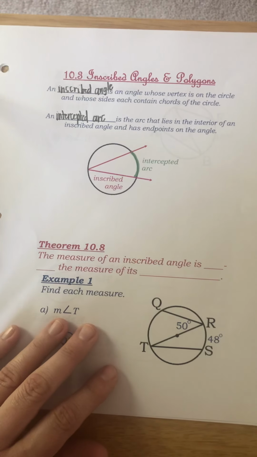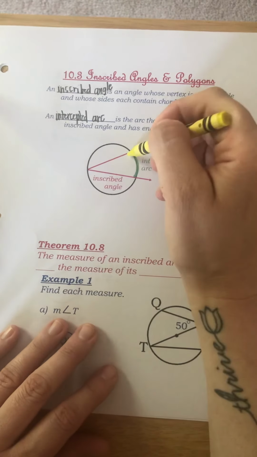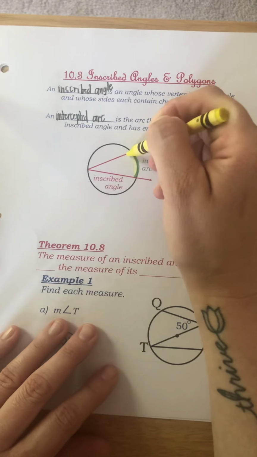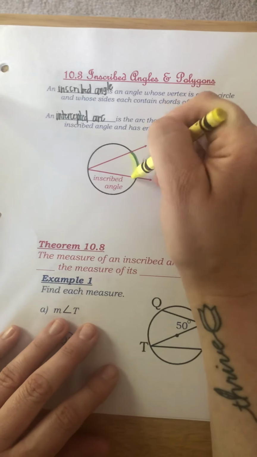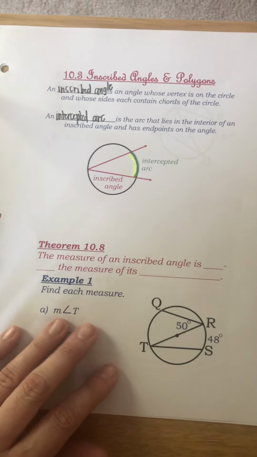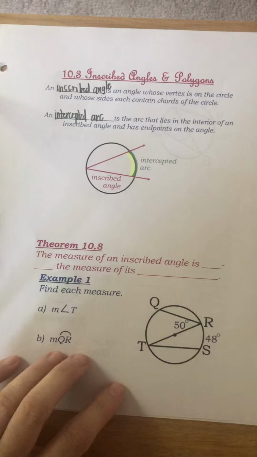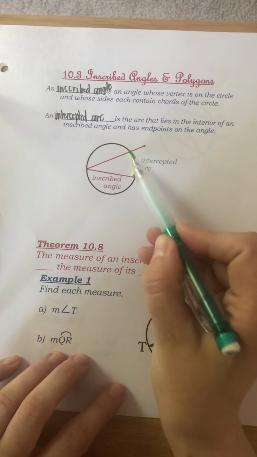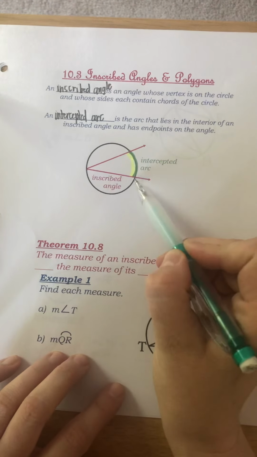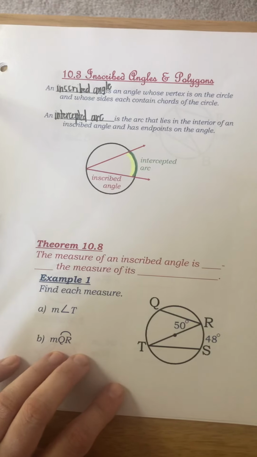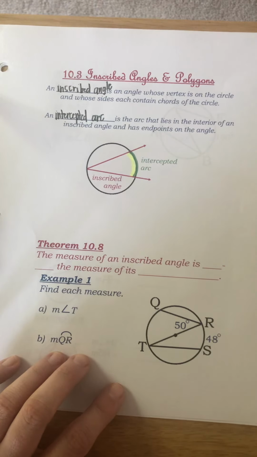It's kind of like the angle is giving this circle a hug. The part that it's hugging is the intercepted arc. So the endpoints of that arc lie on the angle. Hopefully that makes sense.